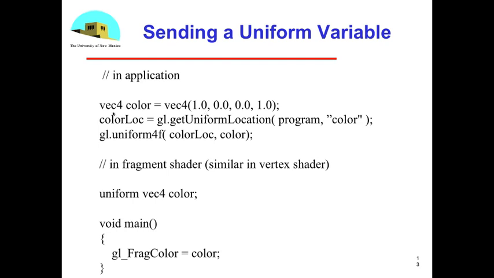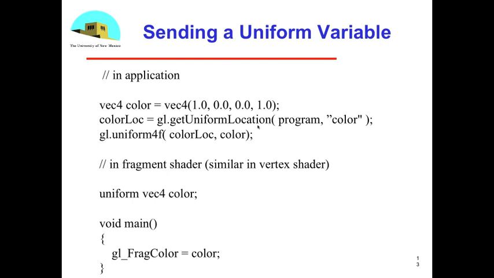So I define a color in my application, vec4 color, red fully on, no green, no blue, and it's opaque. And now I have a variable inside of the vertex shader called color. And so what I'll probably do there is output that color to the fragment shader each time. But in the vertex shader, it's called color.